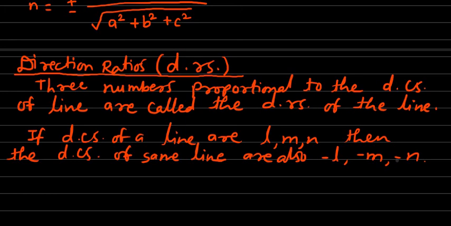So in this class we have discussed direction ratios and direction cosines. To distinguish between direction ratios and direction cosines, the important formula we have obtained can be used: if l, m, n are direction cosines, then we always have l square plus m square plus n square equal to 1.